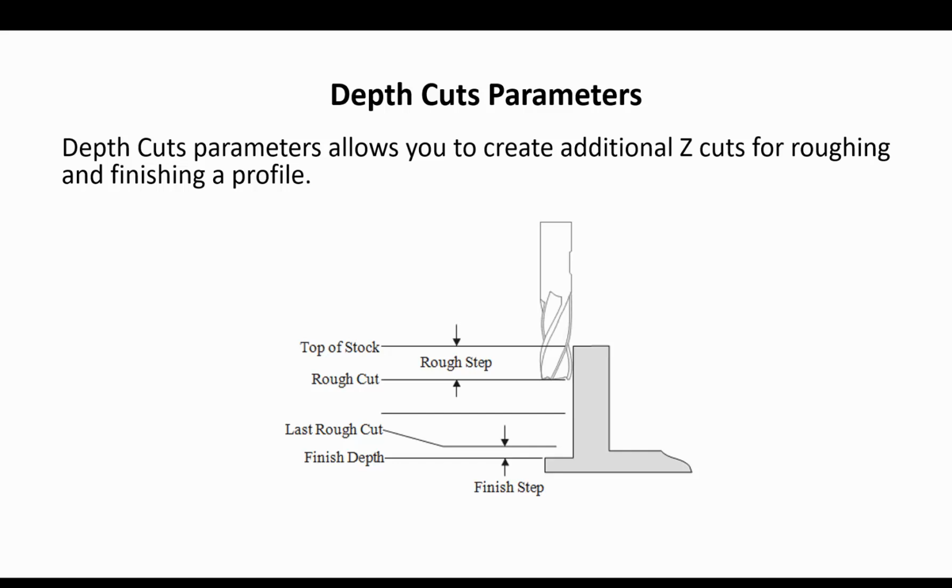One important fact that you have to keep in mind is that Mastercam creates equal roughing steps, not bigger than the maximum rough step. For example, if the total depth is set to 1 inch, the maximum rough step is set to 1/4 of an inch, and you have a finish step set to 50 thou, Mastercam will divide in equal steps the remaining 0.95, which is the result of 1 inch minus the 50 thou finish step.